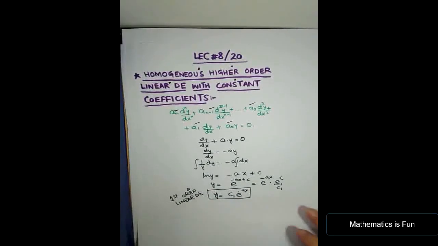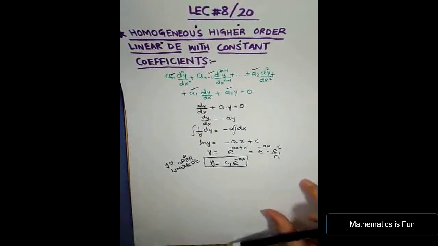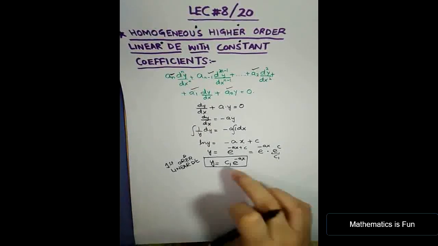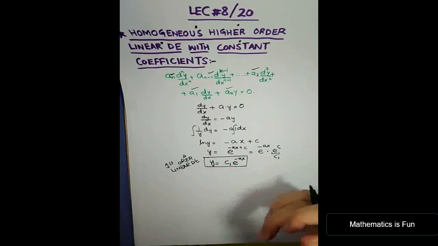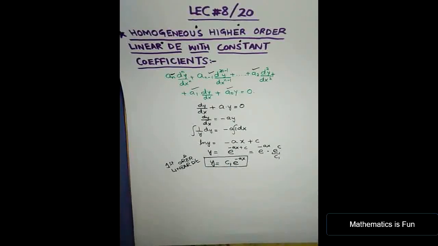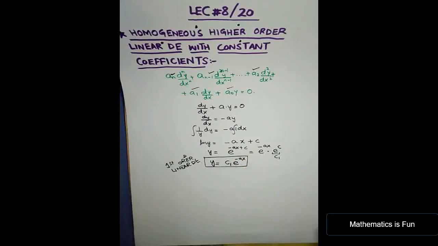I generalize that for higher order derivatives: if I extend this to a second order differential equation, then the solution should be c1 e to the power minus ax plus c2 e to the power of some other constant times x.